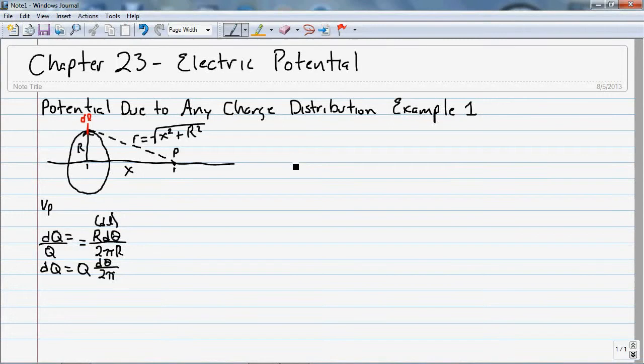Now I can put this into my potential formula, and I'm going to have the integral from 0 to 2 pi, because I'm going to integrate it around the loop, of dq over 4 pi epsilon naught r, little r.